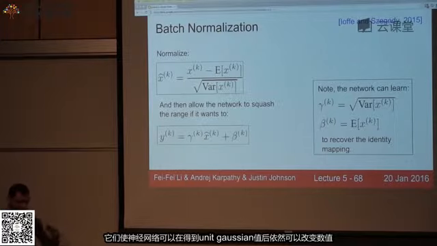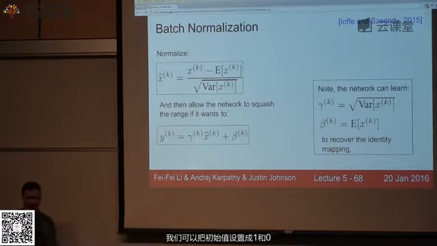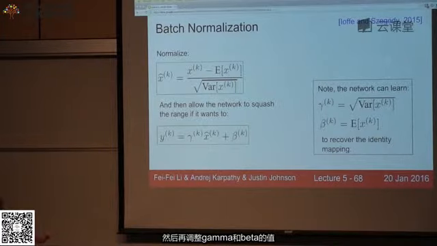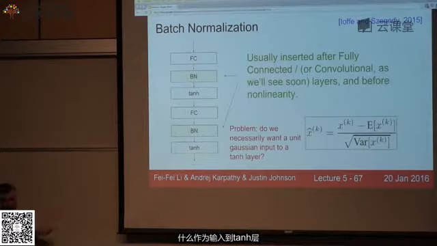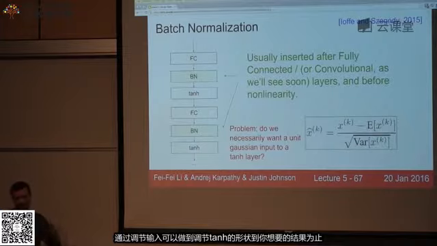After you've normalized to unit Gaussian, they allow this bump to shift and scale if the network wants to. And so we initialize them presumably with 1 and 0 or something like that. And then the network can choose to adjust them. And by adjusting these, you can imagine that once we feed into tanh, the network can choose through the backprop signal to make the tanh more or less peaky or saturated in whatever way it wants.